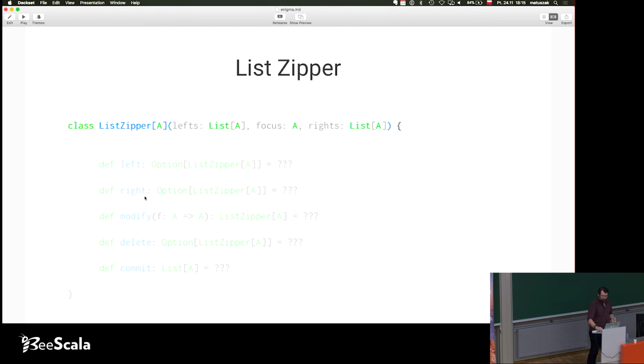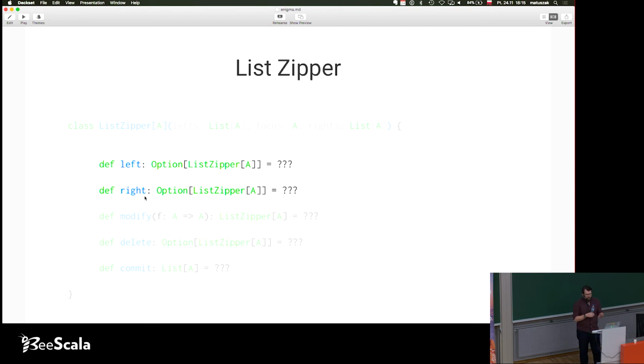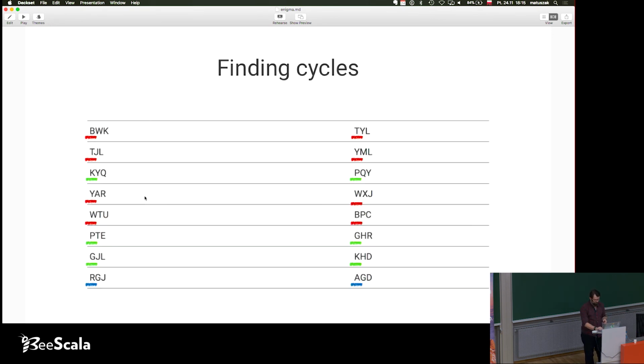All of these operations, apart from commit, are constant in time, so it doesn't depend on the size of the list. The only exception is commit, because this depends on the reverse method.